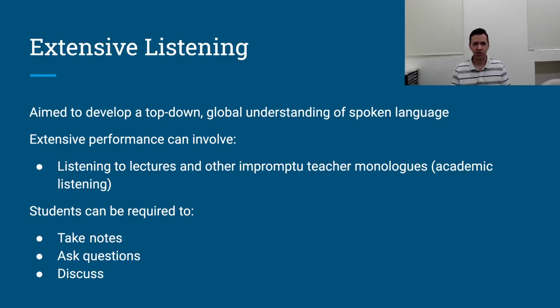And students will be asked to do something like take notes, ask questions, have a discussion. These are the type of tasks where they listen to something long, and then maybe you ask them to do some critical thinking or solve a problem based on what they heard, or give a summary or something like that.